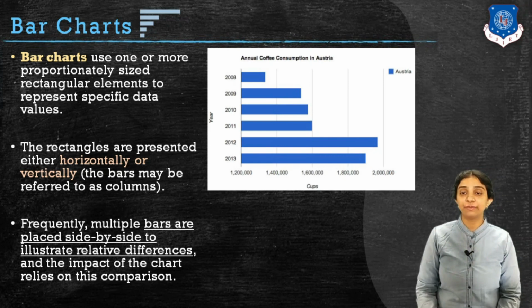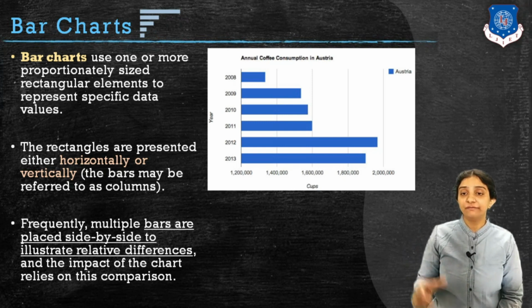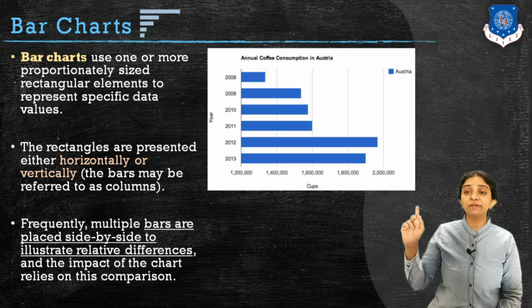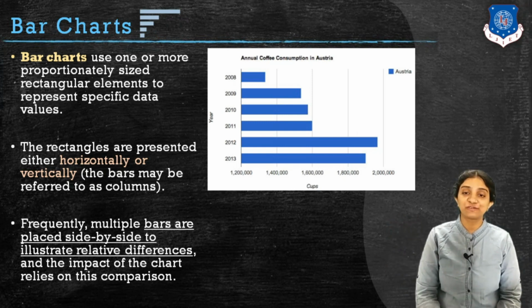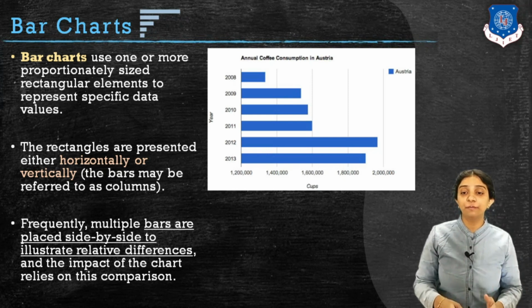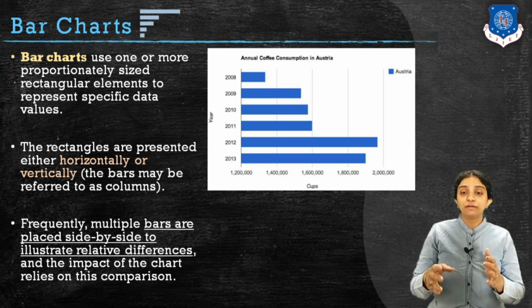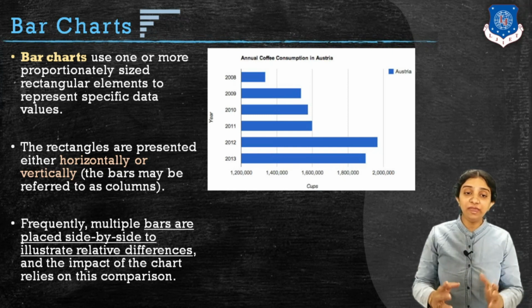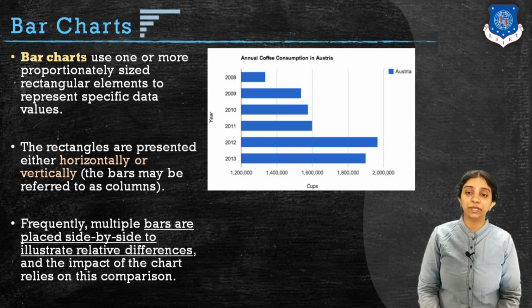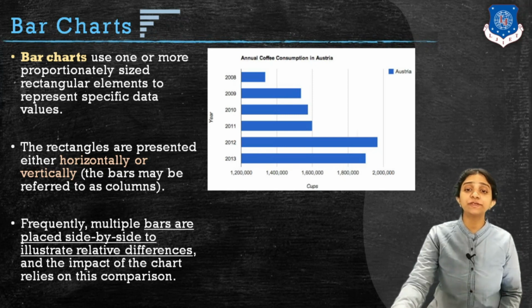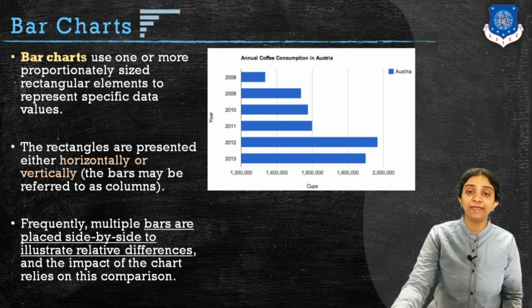Say for example, in this chart the blue bars represent the country Austria. So in Austria, the number of cups of coffee consumed is maximum in the year 2012 as compared to the year 2008.